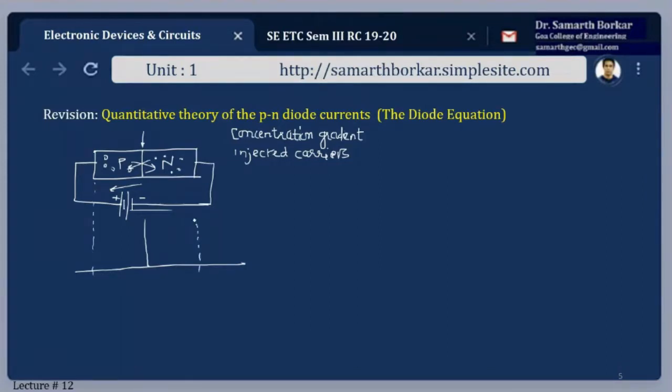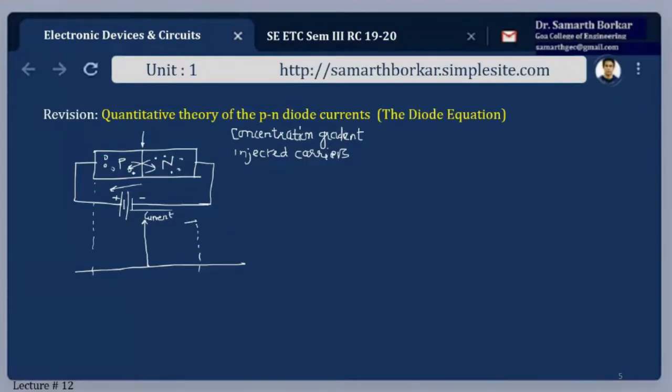If the concentration of electrons is more, definitely the movement of charge will be higher, and naturally the current will be on the higher side. So if I mark this axis as the current, due to this high number of charge carriers, the electrons will contribute a greater amount of current.